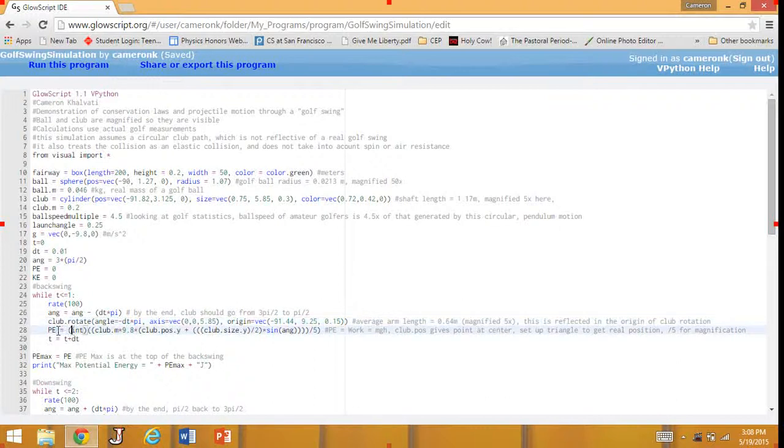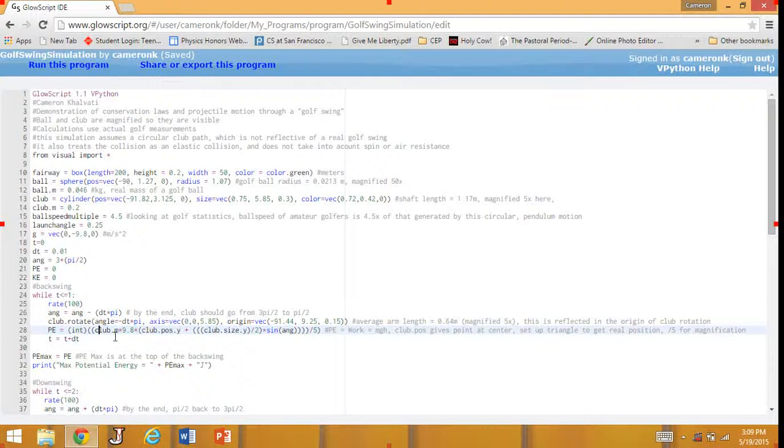And here I'm calculating potential energy as the club moves up. So potential energy is work, which is mass times gravity times height, or mgh. And so club.pos is the position of the center of the golf club.